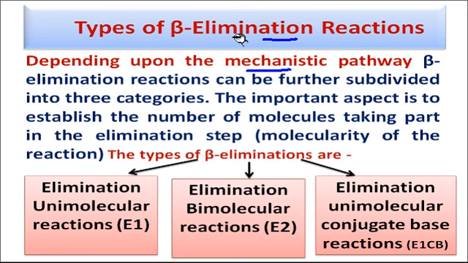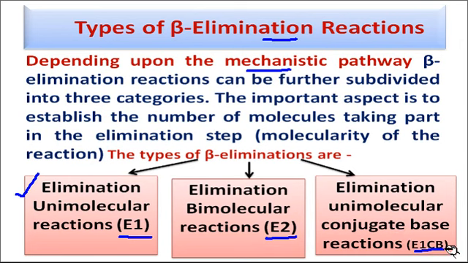The beta elimination reactions are further classified into 3 categories, that is elimination unimolecular reaction, named as the E1 reaction. Second, elimination bimolecular reaction, named as the E2 reaction. And third, elimination unimolecular conjugate base reaction, that is E1CB reaction.